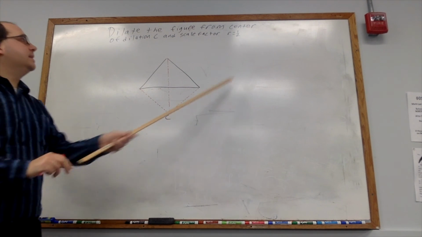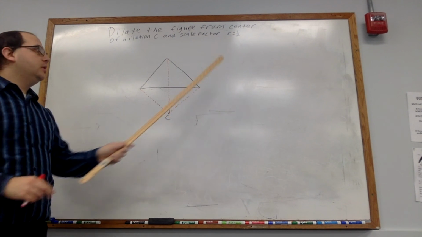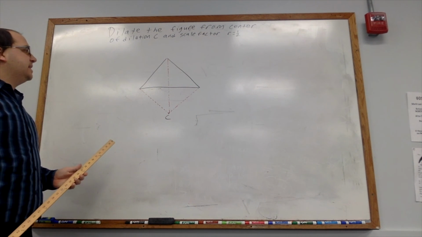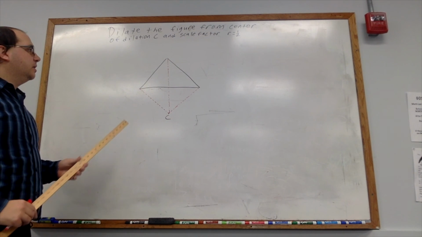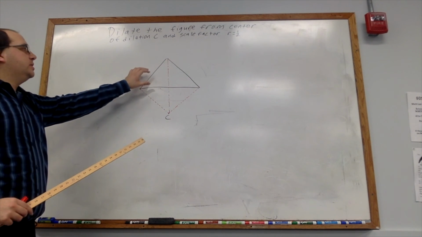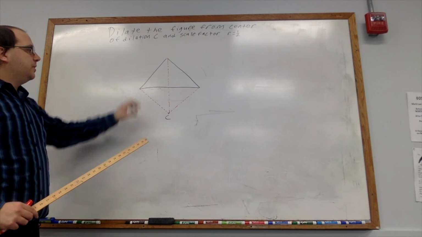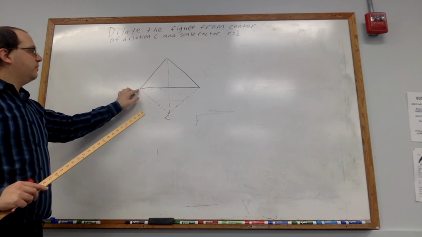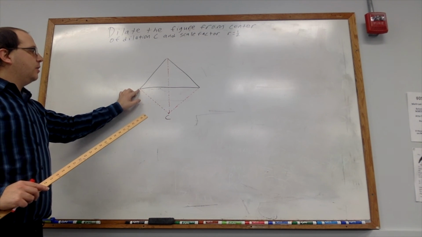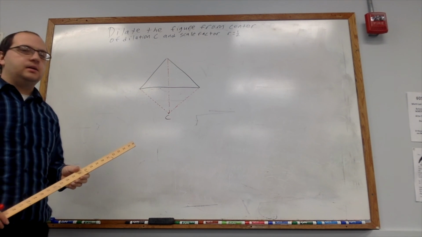Now we look at the scale factor of r equals 1/2. What that means is we are going to dilate this figure, but we're going to make it 1/2 the distance of each of these lines. So each of these vertices is going to become halfway along these dotted lines.